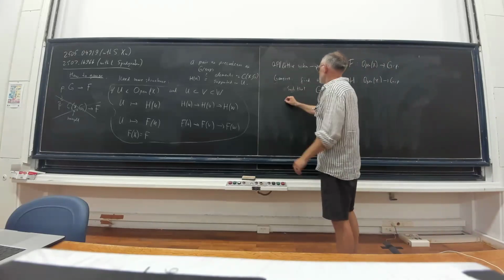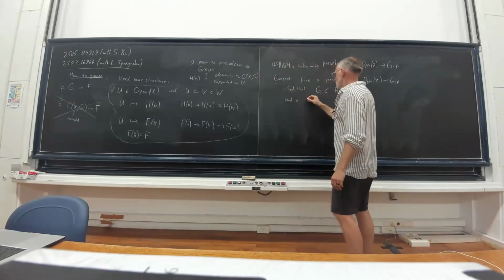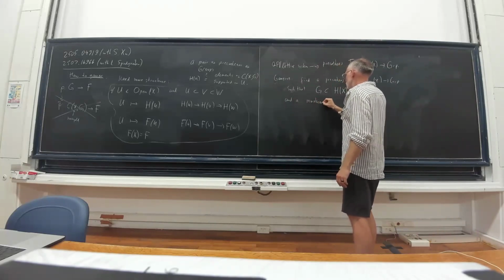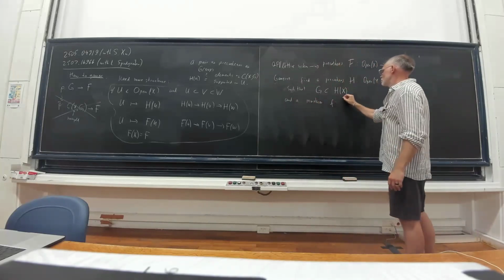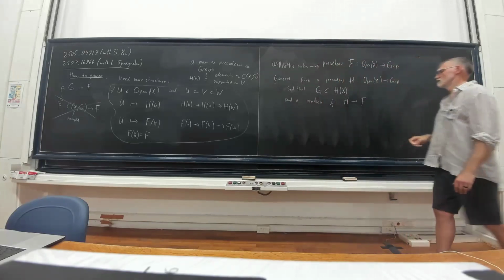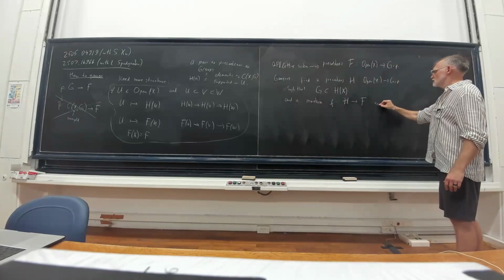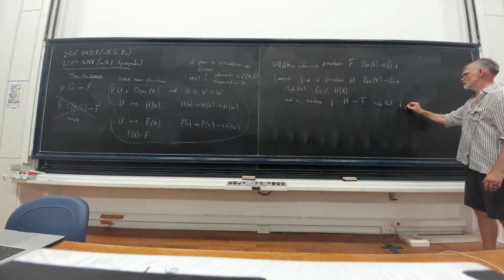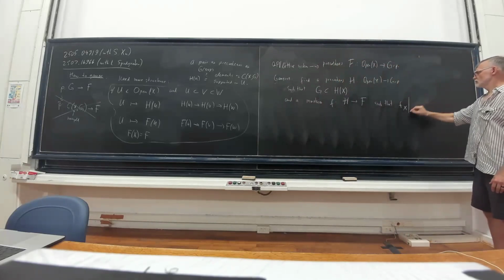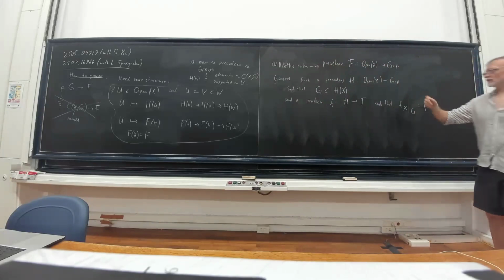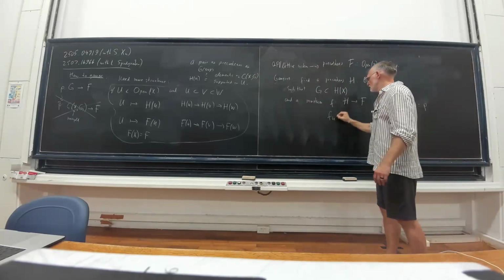Then we define a morphism of sheaves, such that the global one is the given rho. A morphism just means the collection of homomorphisms like this.